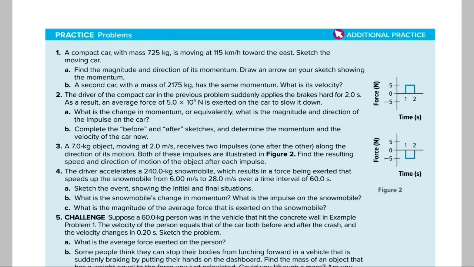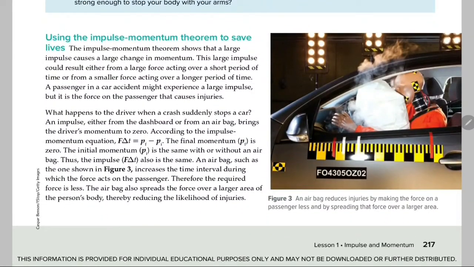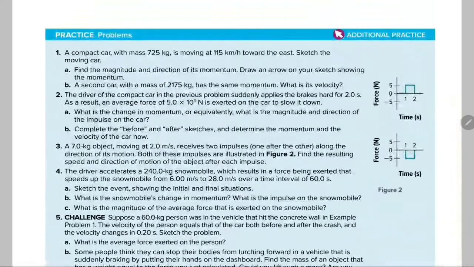In this video, we will talk about the practice problems in page 217. So in the beginning, we will talk about question number 1. A compact car with a mass of 725 kg is moving at 115 km per hour toward the east.